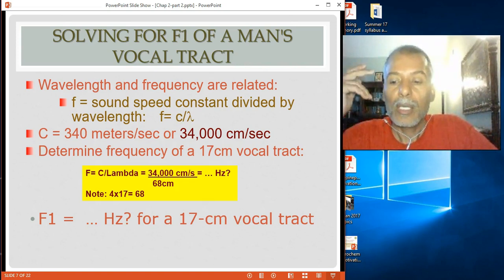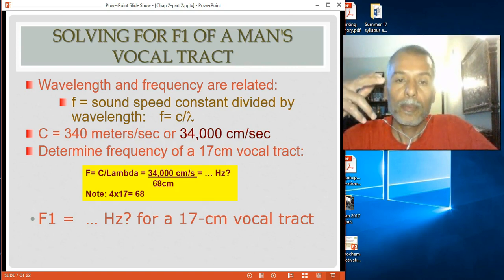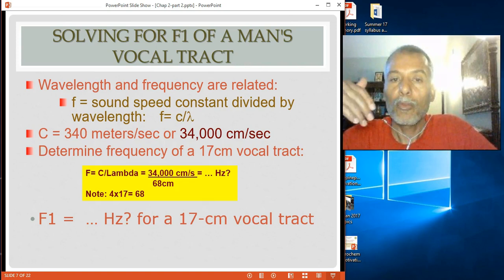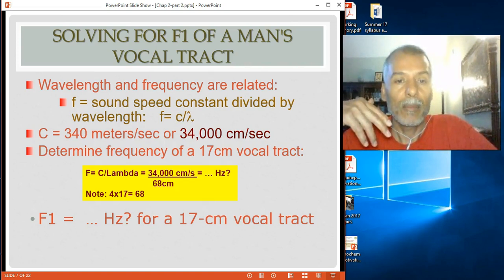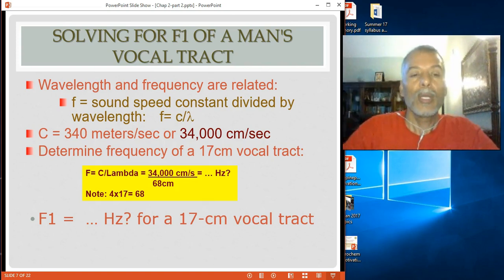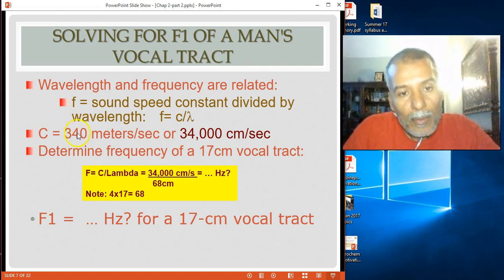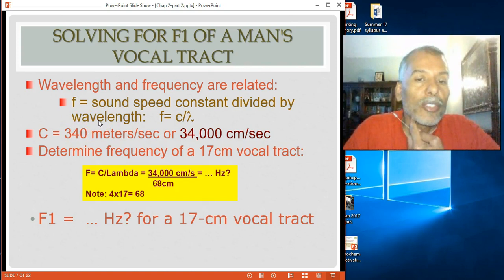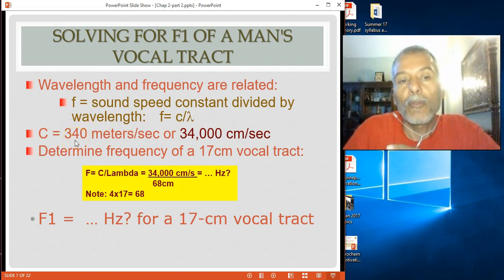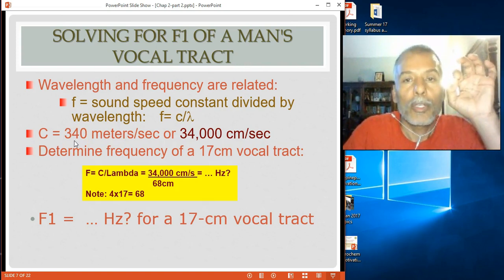It's like dividing dollars by a number of people versus dividing pennies by a number of people. So in any case, because the vocal tract is measured in centimeters, that sound constant of 340 has to be converted into centimeters as well.